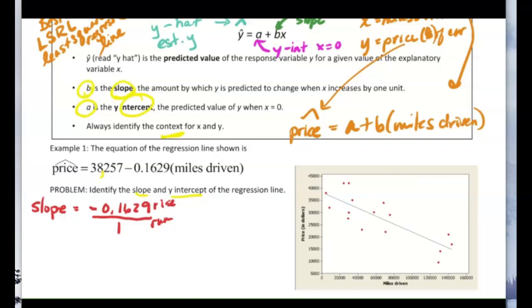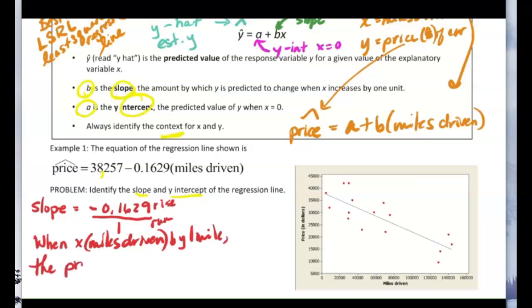So when x increases, so we do the run part first, when x increases, which is miles driven, by 1 mile, what is the y?